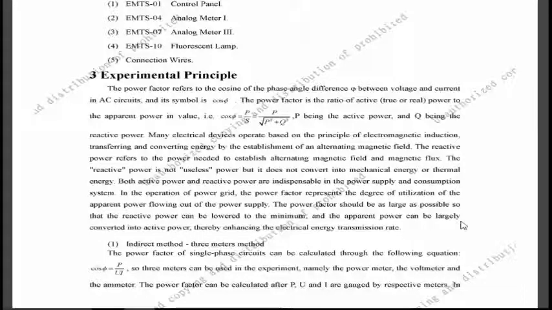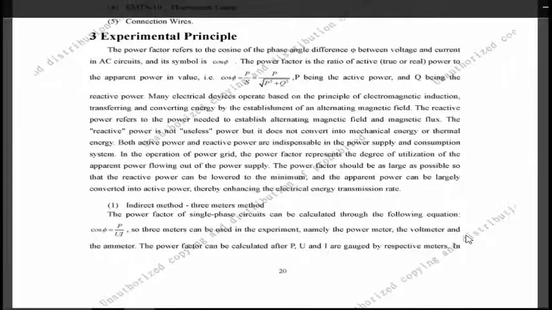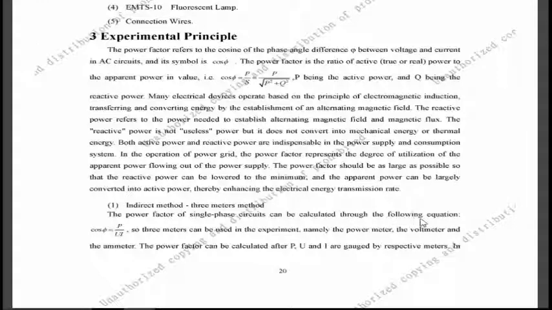So now let's see the two methods. We have an indirect method. For the indirect method, the power factor of a single-phase circuit can be calculated through the following equation: cos theta equals the power over voltage times current.